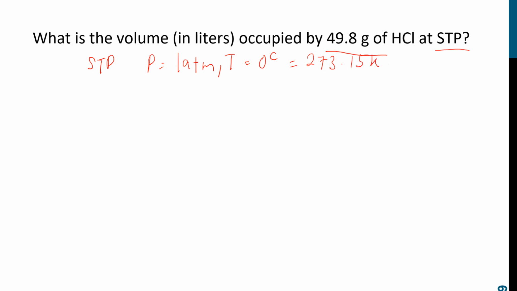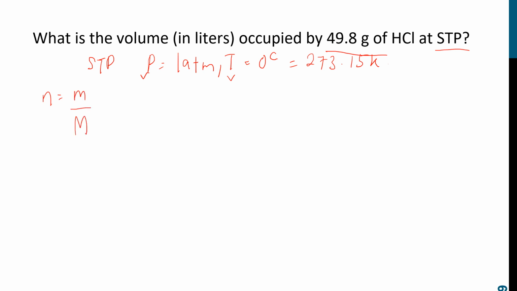So we already have the pressure and temperature. What do we do with the mass of HCl? From mass we can calculate the number of moles, which equals mass over molar mass.